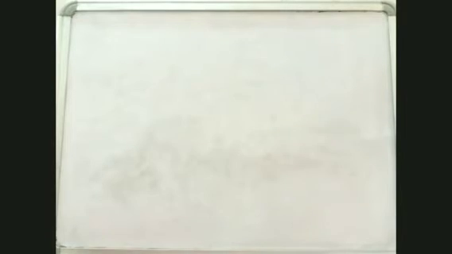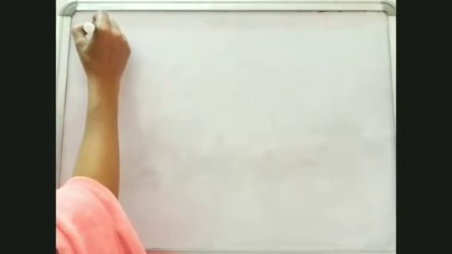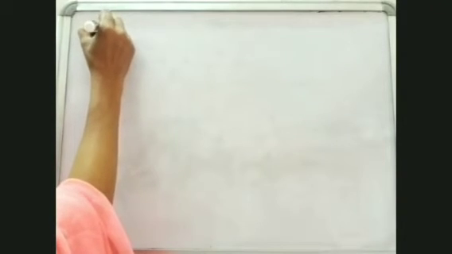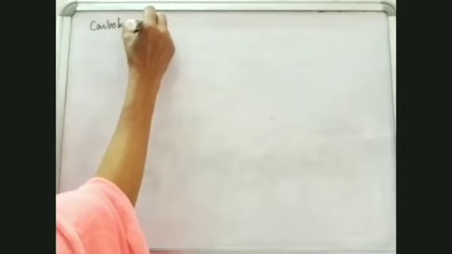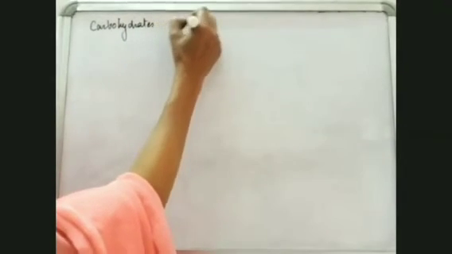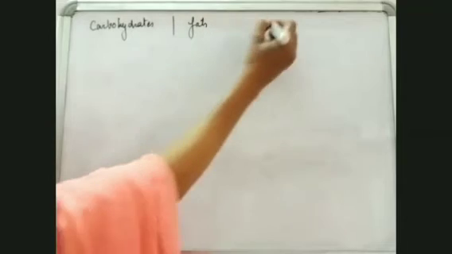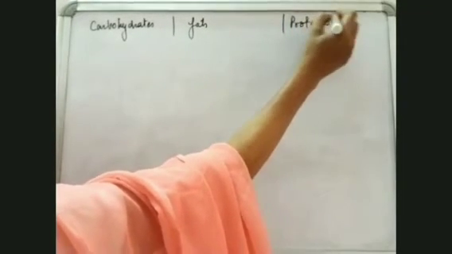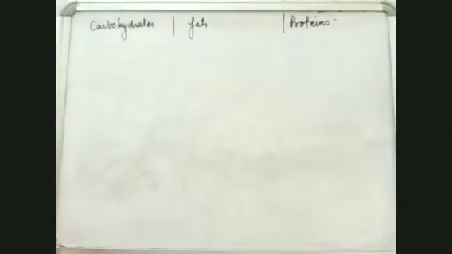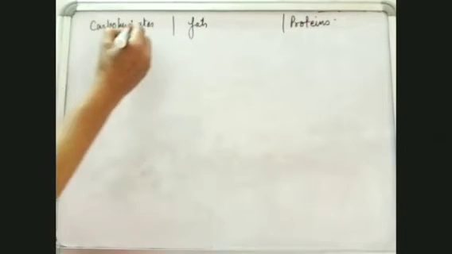Out of these three nutrients, carbohydrates, fats or lipids, and proteins, first of all, during starvation or when the body requires energy, the carbohydrates are broken down first.